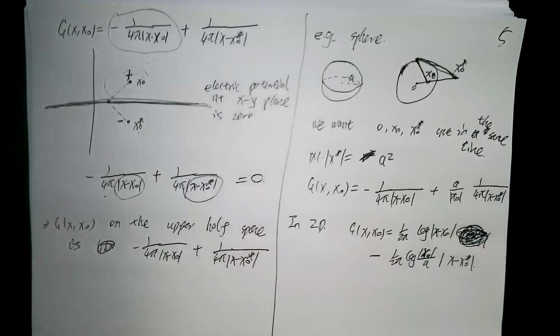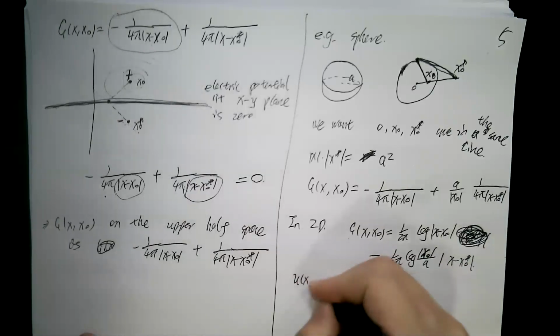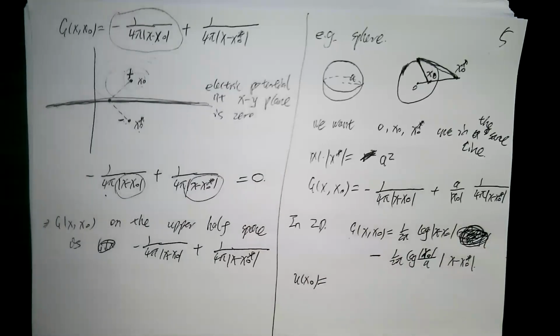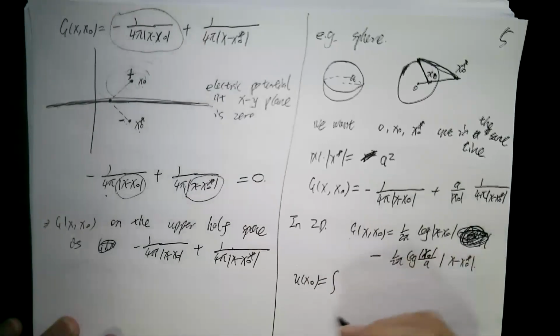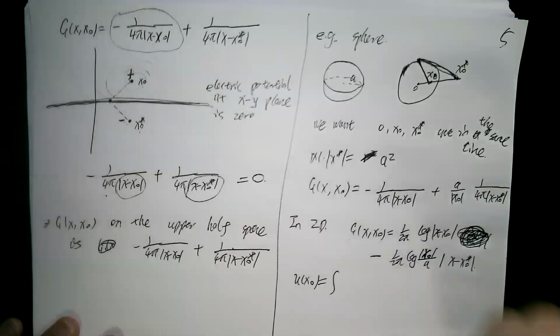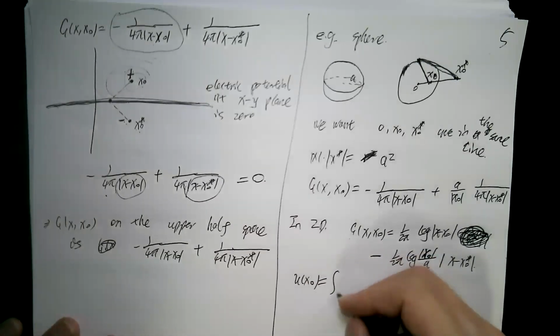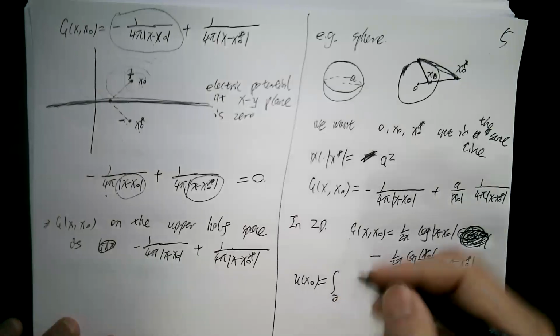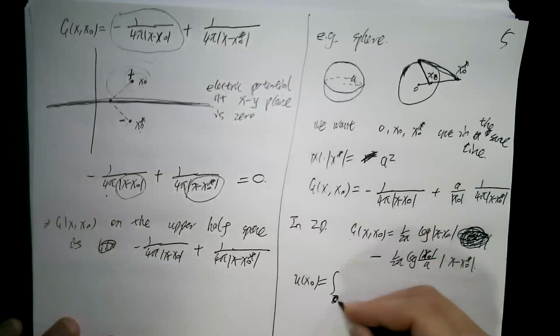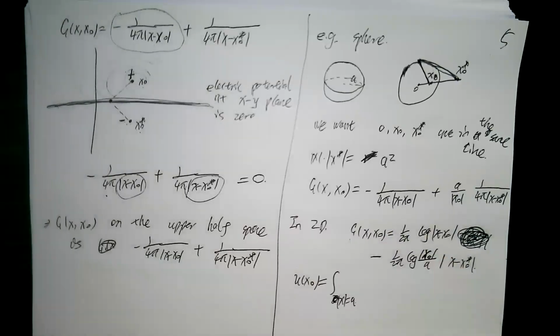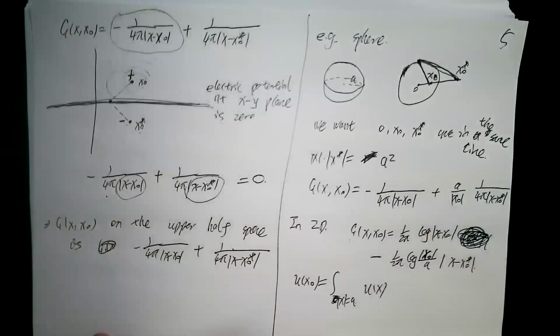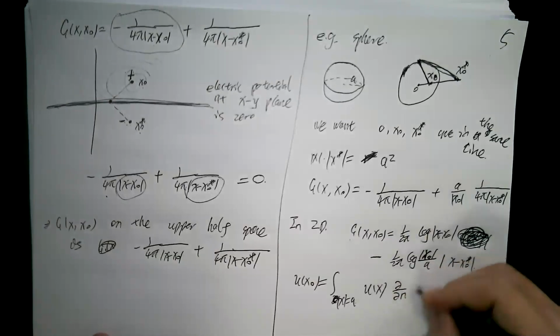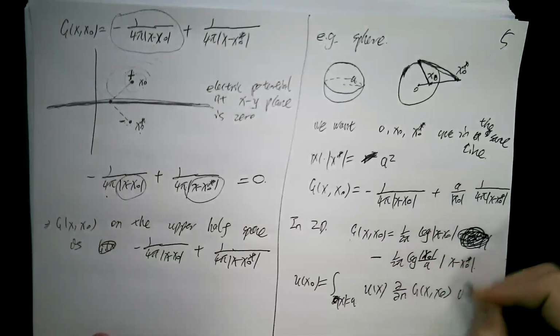Okay, and this is G, right? Then u(x0) we can write as the boundary integral on the boundary of this sphere, where |x| equals a: the integral of u(x) on the boundary times partial n G(x, x0) dS.